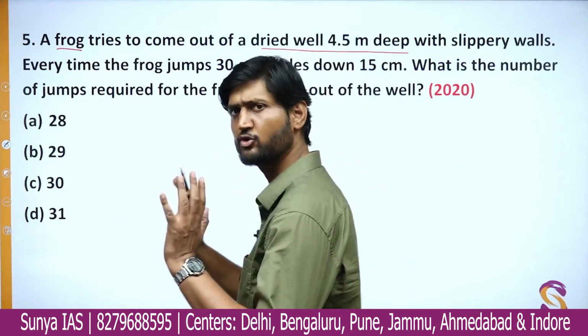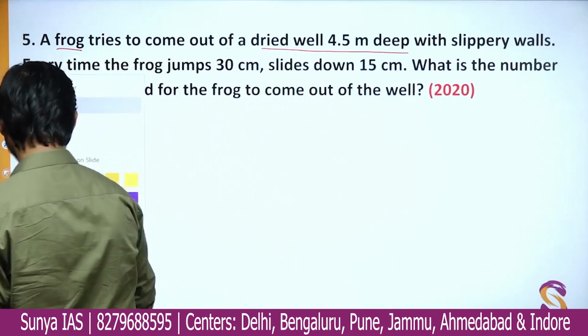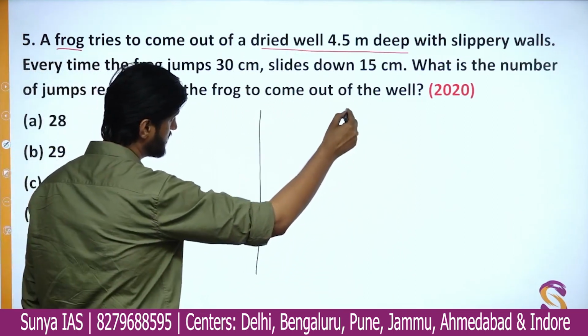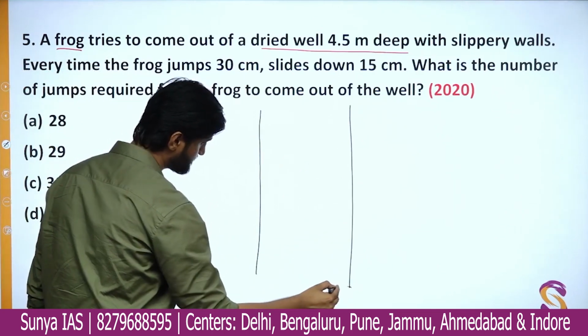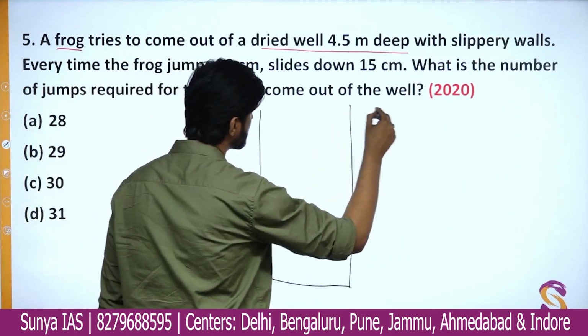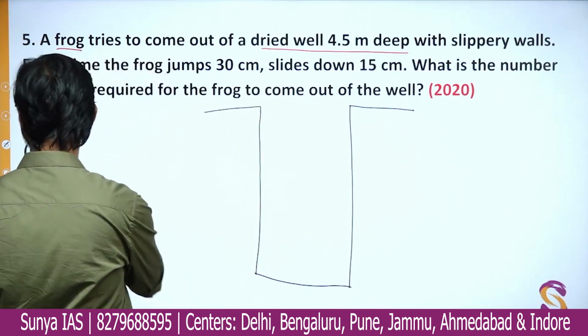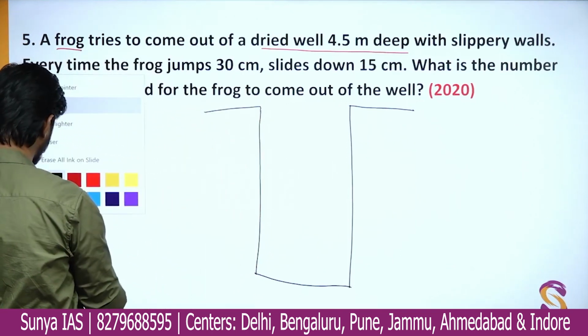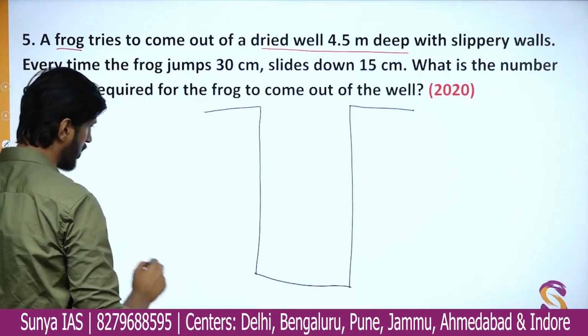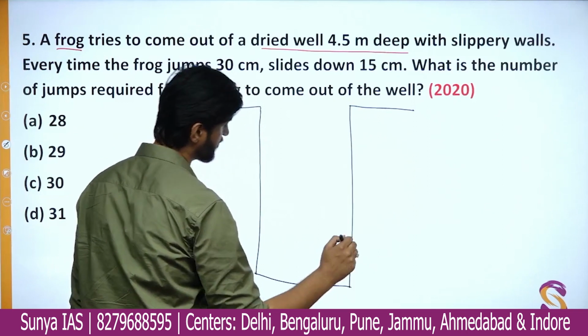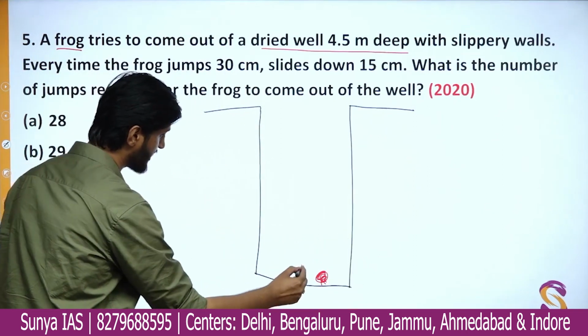Okay, so let us try to make a diagram which will make things clear for us. So suppose this is the wall. The wall is 4.5 meters deep, and at the bottom here we have a frog. Let us draw the frog with this red color. So we have this frog. Okay, let's call it F.